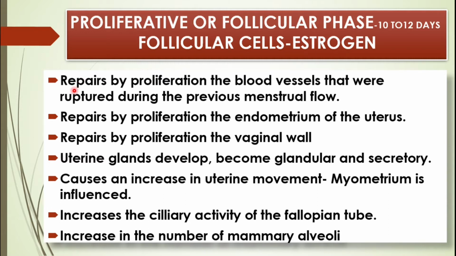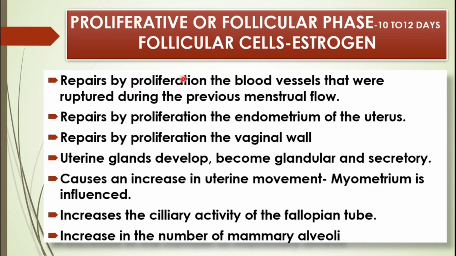The first change: during the previous menstrual flow, there has been the rupture of the blood vessels within the uterine endometrium, and all these blood vessels which were ruptured are now getting repaired under the influence of estrogen by quick proliferation.